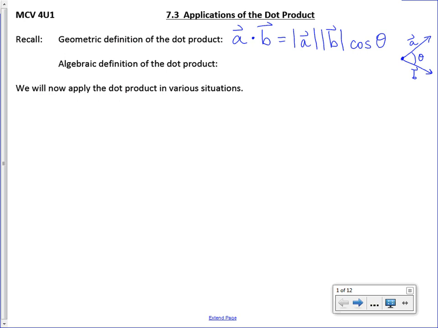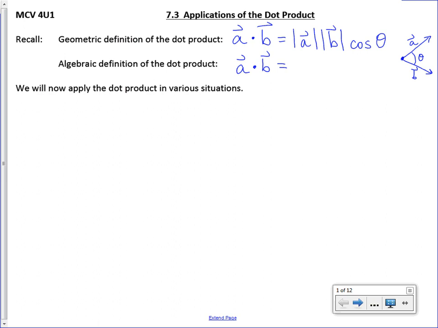And then we learned the algebraic definition of the dot product, which uses these new things we've learned called Cartesian vectors. If you remember, a Cartesian vector is when you can write a vector in terms of its components, an x component and a y component. That's the pathway from tail to head.